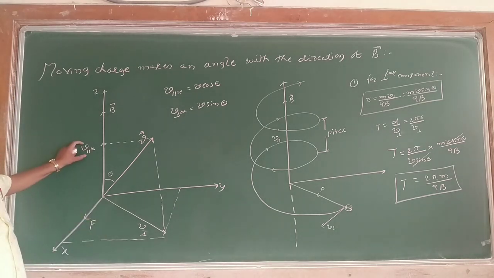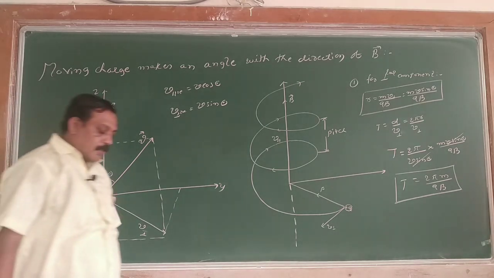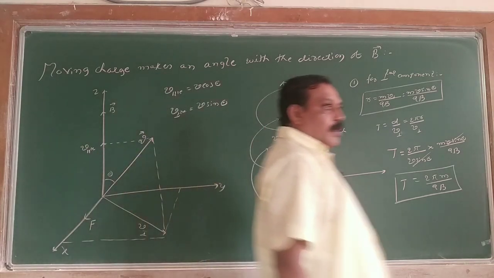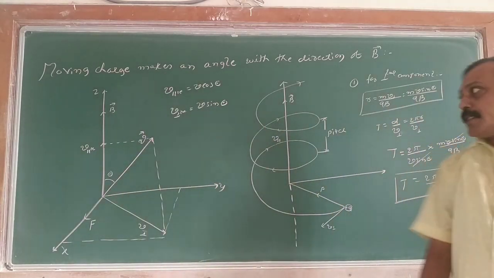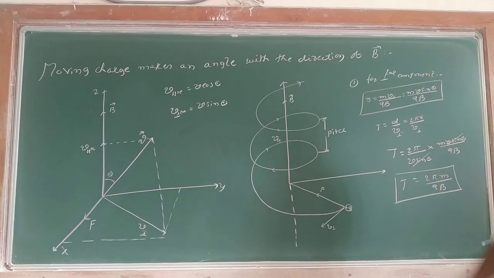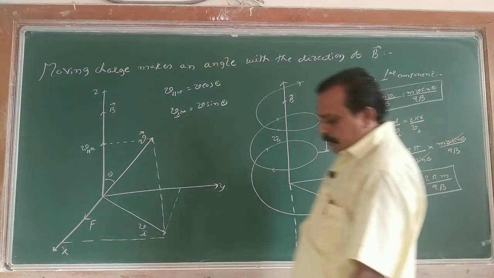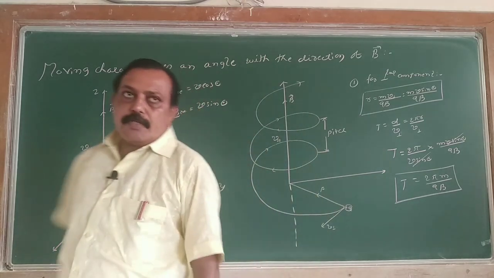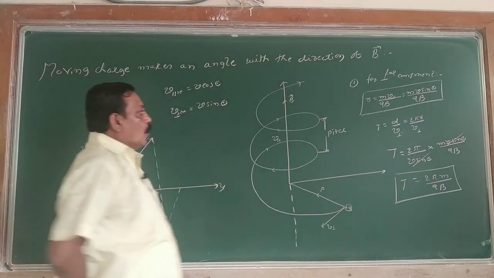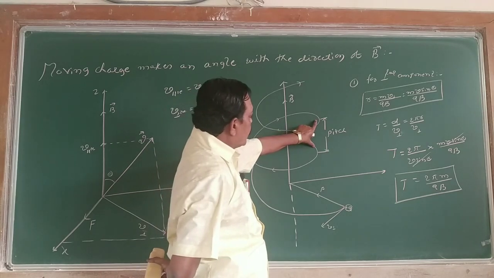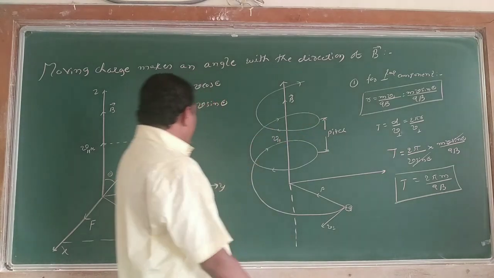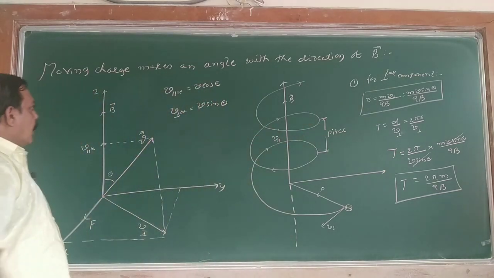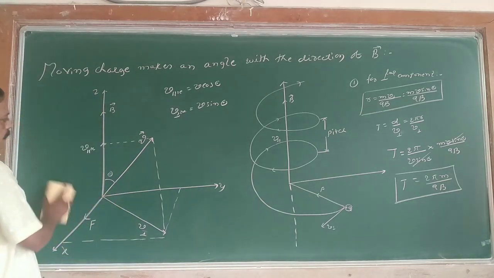Now this component makes the charged particle move along the direction of the magnetic field and trace the helical path. Which component is responsible? V parallel. Then I want to calculate the pitch, which is the distance traveled by the charged particle for one complete rotation. So for the parallel component, shall I remove this figure? Yes.